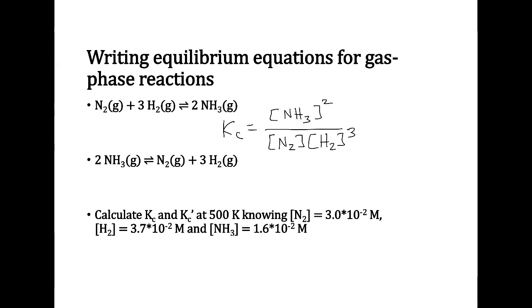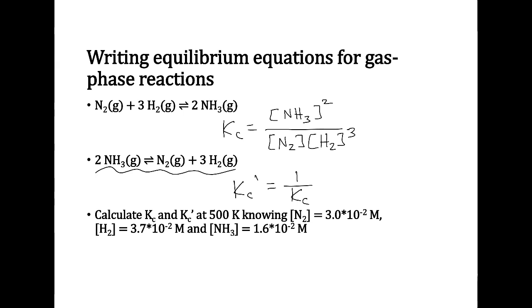Then if we write our equilibrium expression for the next reaction, we notice that this reaction is just the reverse of the first reaction. So we can write here that Kc prime is equal to 1 over Kc. It's just going to be the inverse of that original reaction.